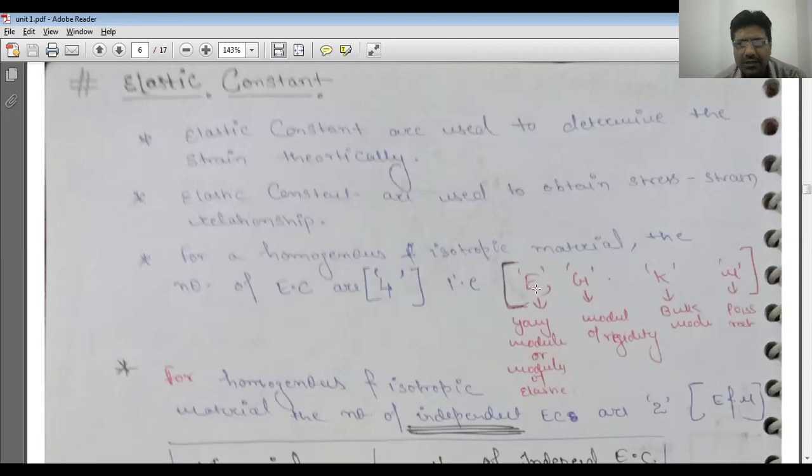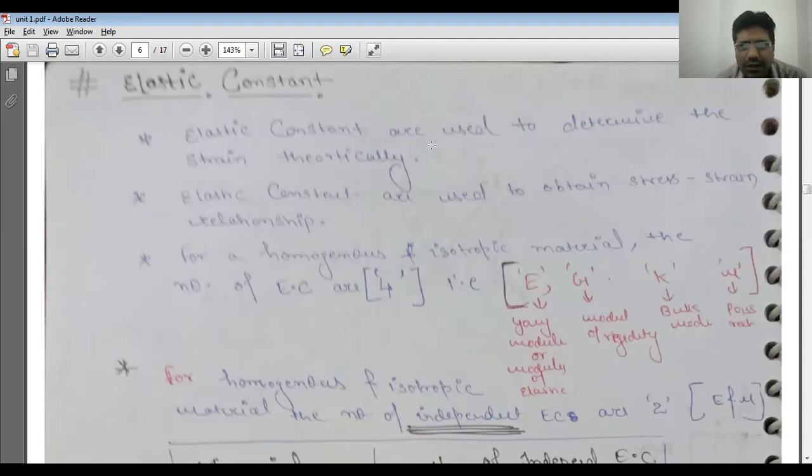These three constants have different values, and E, G, and K have different values for ductile materials and for brittle materials. There is a complete list in which the modulus of elasticity, modulus of rigidity, and bulk modulus are mentioned, and Poisson's ratio is also determined.